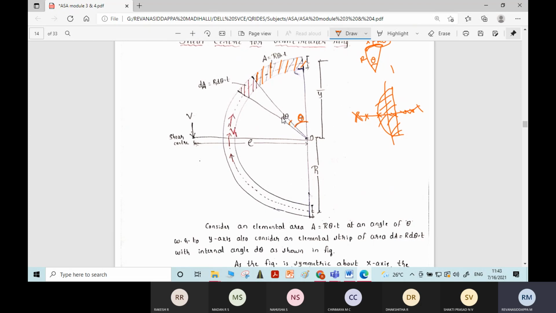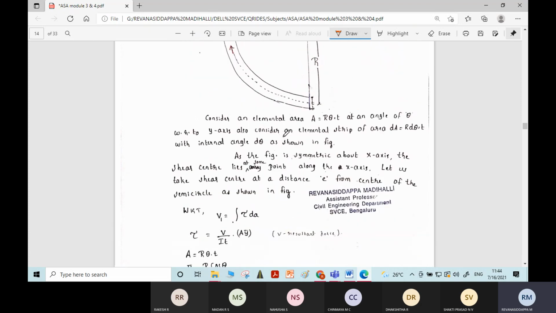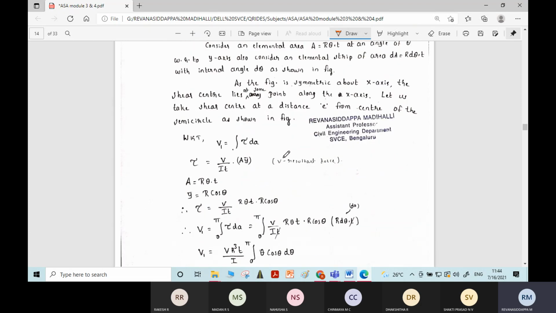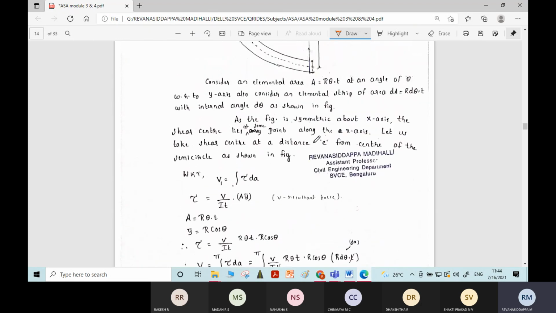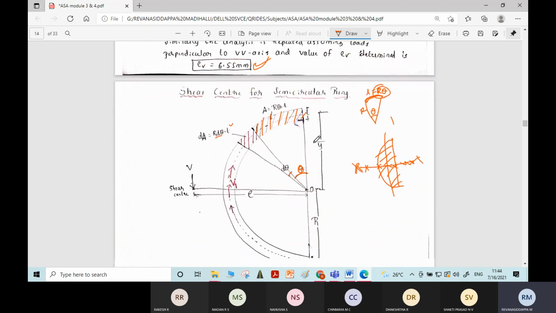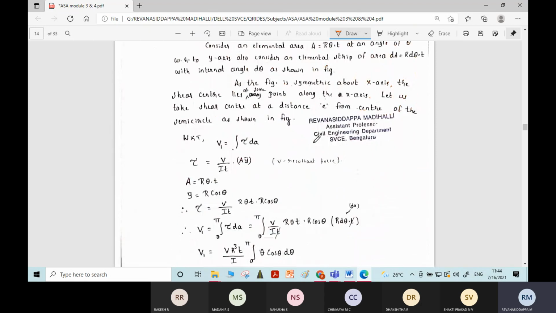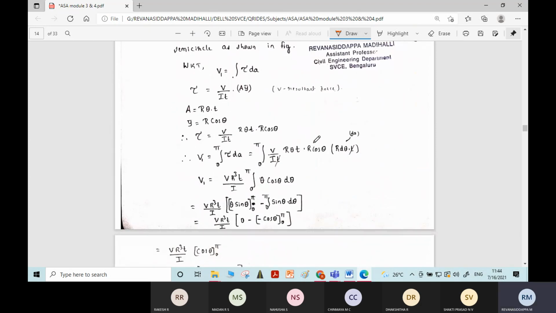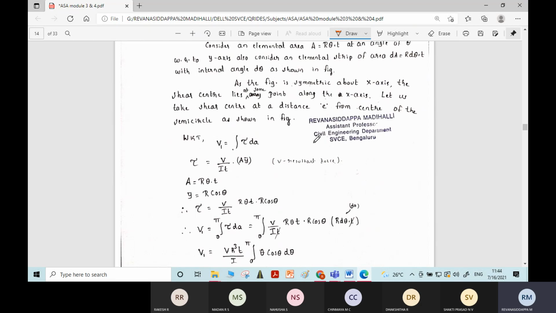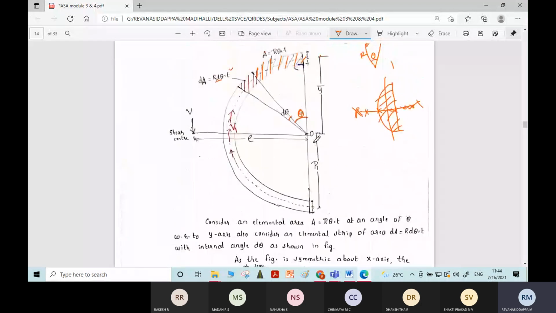With respect to this internal angle d theta, the area of this small elemental strip is radius r, angle d theta, so the length becomes r into d theta, into the corresponding thickness, which gives dA. So the same introductory part is written. Now we need to locate the shear center of the semicircular ring. To locate it, what will we do?